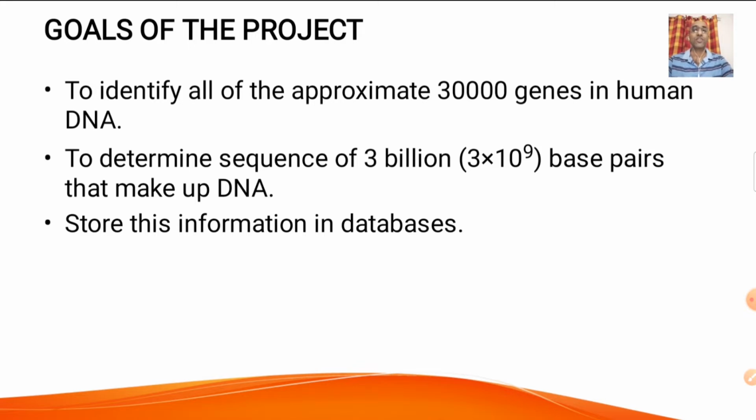Another was to determine the sequence of 3 billion base pairs, 3 into 10 to the power 9, which make up the DNA. And to store all this information in databases for future use. After determining all these things, you need to store them so that they can be used in future. So these were the goals of the project.